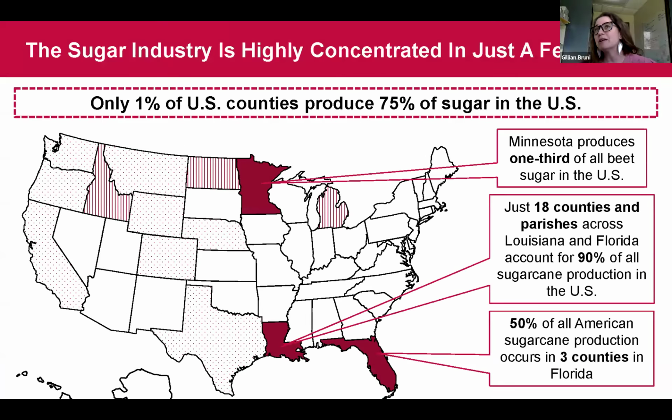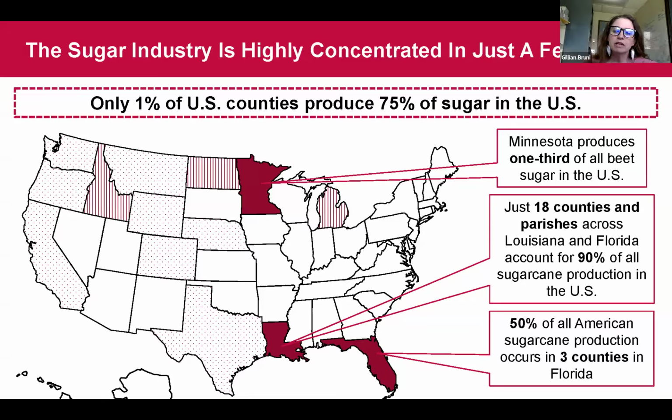Transitioning now just to tell you a little bit about the sugar industry and then how my research kind of supports the sugar industry. If you look at the map of the United States, up north we have the sugar beet crop that's grown across some of these northern states, and this accounts for about 55% of domestic sugar production.